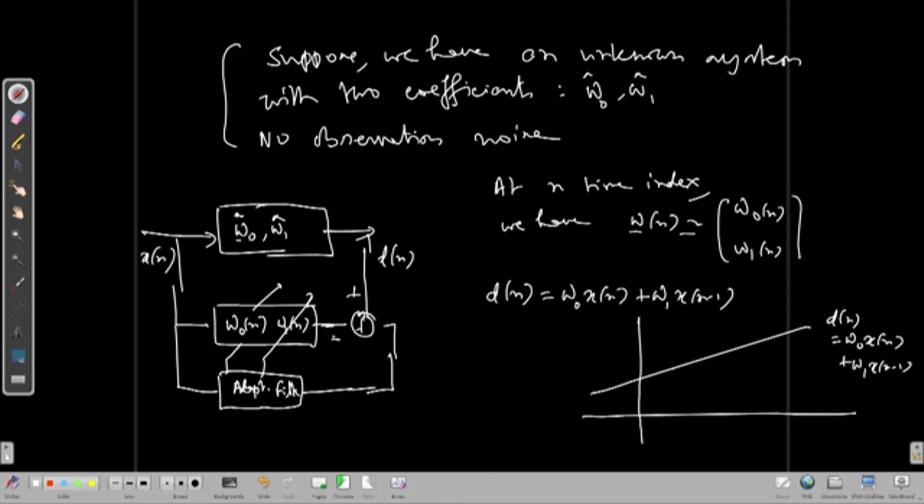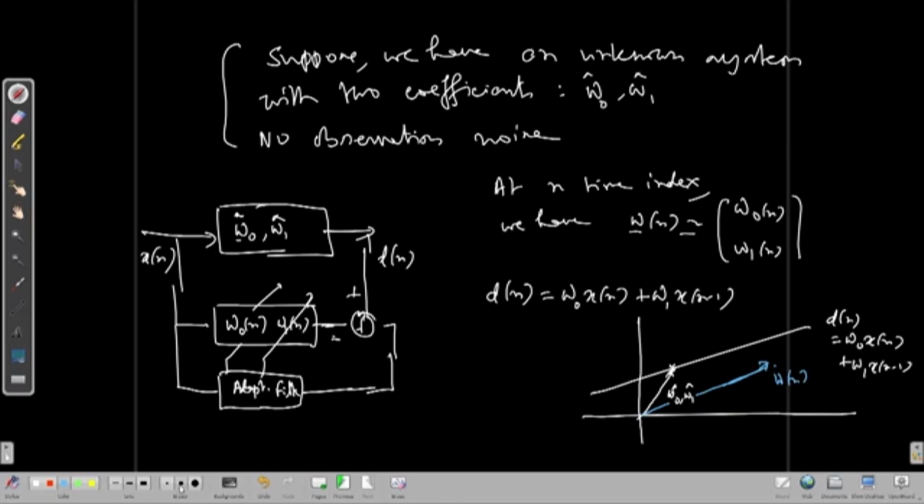So maybe this is that point. This is your W0 cap, W1 cap, this point, this is the optimal point. And suppose currently I have Wn, so this much is Wn.